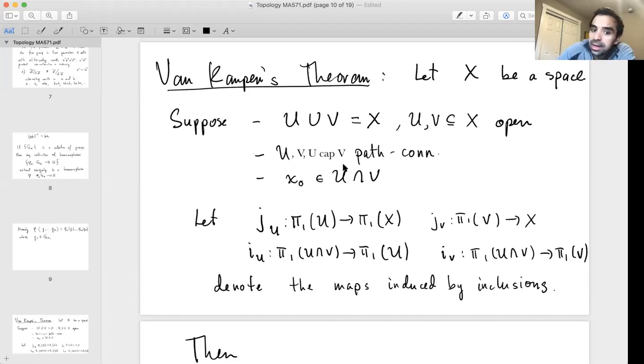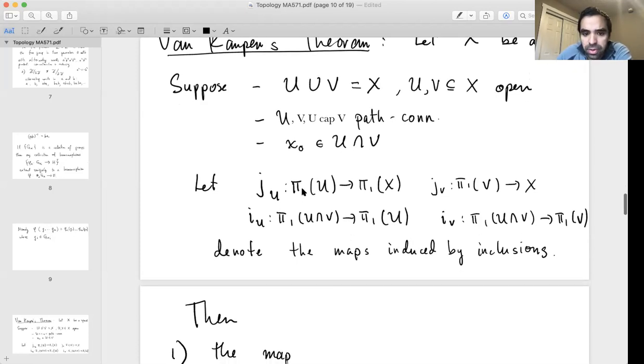Let's choose a base point x0 in the intersection of U and V. So x0 is in U, x0 is in V, and therefore x0 is in X. I'm going to denote by j_U the map at the level of fundamental groups induced by the inclusion map from U to X. I'm omitting the base points of the fundamental groups, but it's always x0.